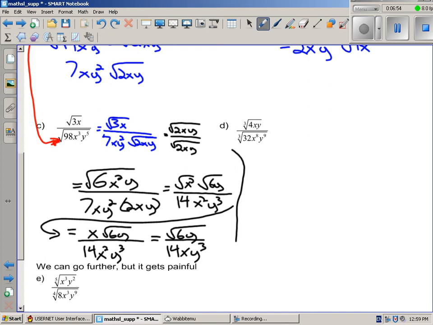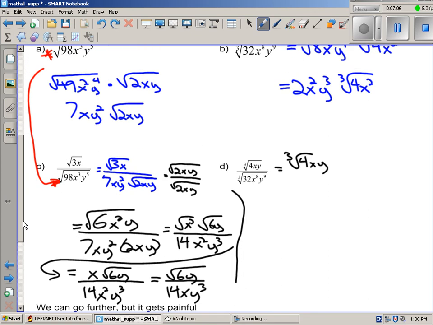All right, in the next one, we're going to end up with another expression that we've already factored on the bottom. So I showed in question B that this bottom, or this denominator, becomes 2x squared y cubed times the cube root of 4x squared.